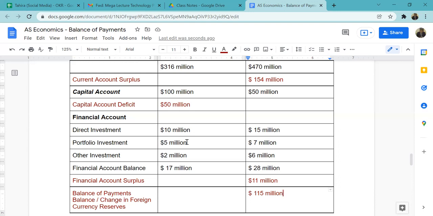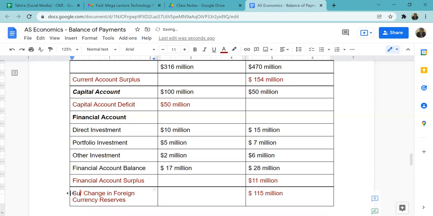Now, when there is more inflow in your country, what will happen to the demand for your currency? First of all, you can define this. That will mean the balance of payments balance is a surplus. So you can simply write this down as surplus because inflows are greater than outflows. If outflows had been greater than inflows, then we would have written it as a deficit. Since inflows are greater than outflows, we write it as a surplus.